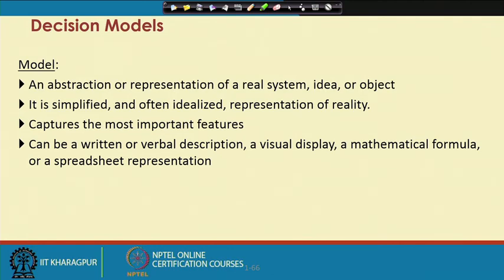So, what exactly is the concept of a model? It is an abstract of a real system, idea or object. That means we like to summarize the particular structure into a fact.